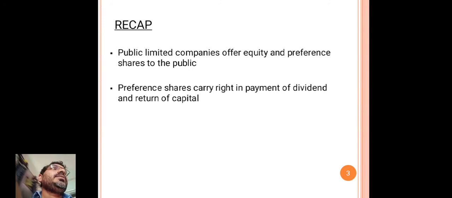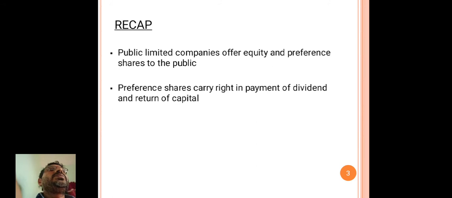Shares are the best source to arrange the long term financial needs of a joint stock company. The long term capital is required for a joint stock company to purchase a building or machinery, that is, to purchase fixed assets.